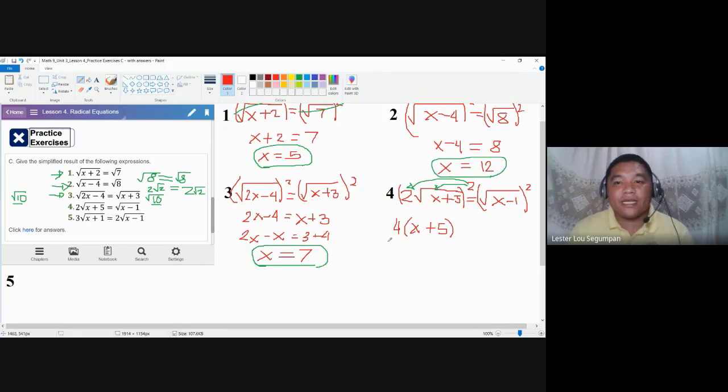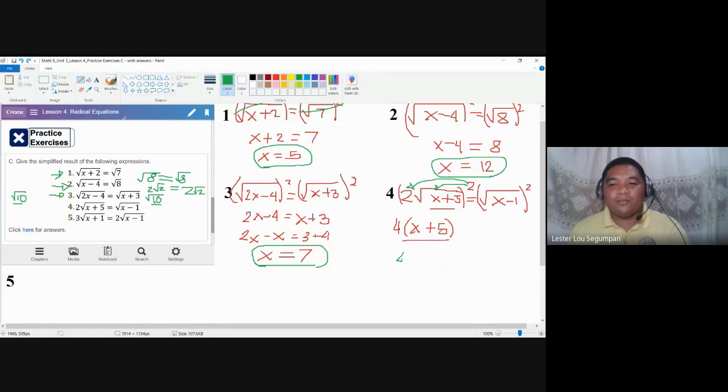It's very important to be reminded that this is a group, and that is why we have placed here a parenthesis. Some of you might say, I have 4x plus 5. This is very wrong. This is incorrect because you were saying that 2 here is part of the radicand here. So that should not be done.